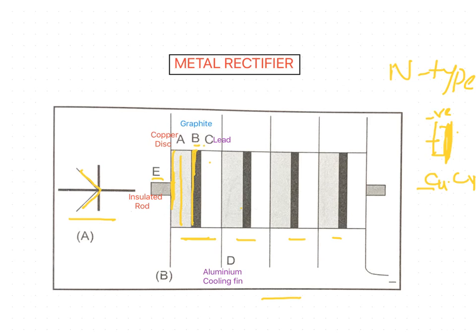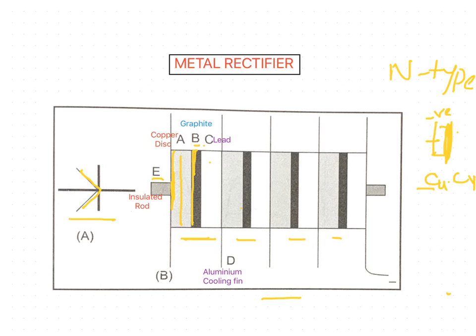In the case of copper rectifiers, they can rectify only up to 8 volts, whereas selenium rectifiers can rectify up to 18 volts. So this is about the metal rectifier. The main use of the metal rectifier is the rectification of alternating current to direct current.